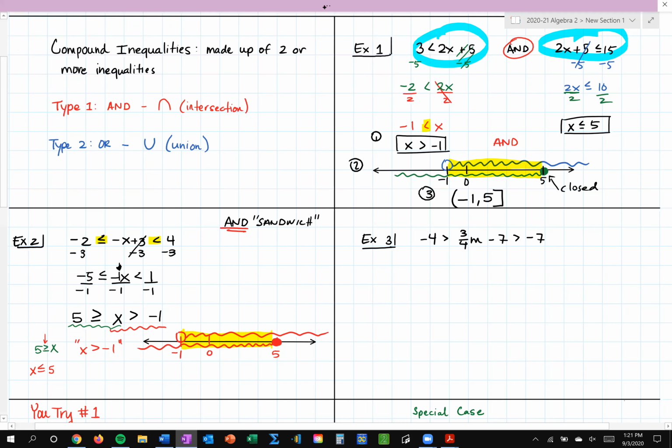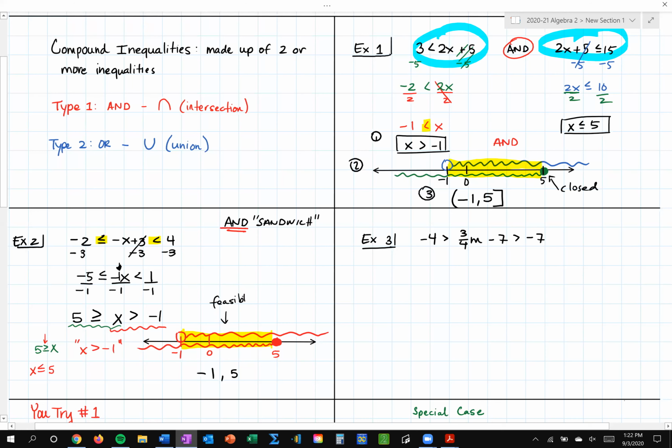So then that lets us write this interval, right? Between negative 1 and 5, okay? At 5, because it's a closed circle. Yes, exactly. Yes, this is a feasible region, okay?